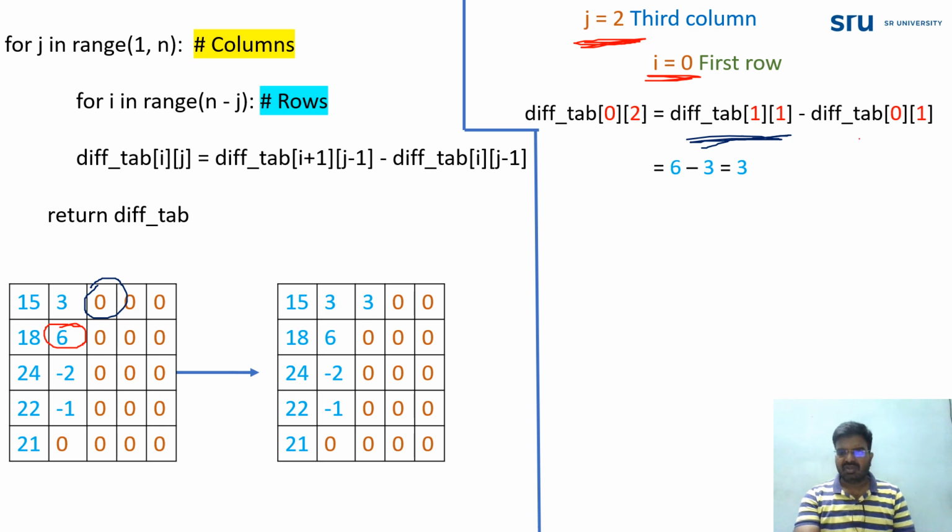Next, minus the index 0 comma 1. 0 comma 1 means first row, second column. Look at the table, it is 3. So 6 minus 3. The result is 3. Now we have to save this result with index 0 comma 2. 0 comma 2 means first row, third column. See, we are saving that result in first row, third column.